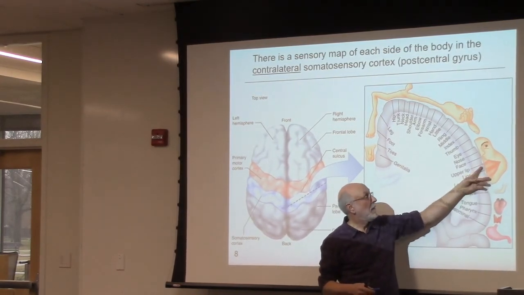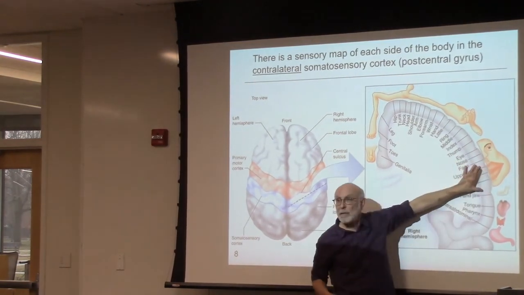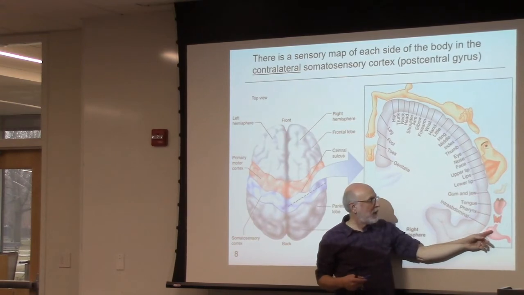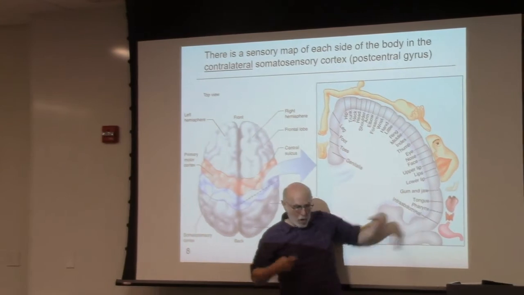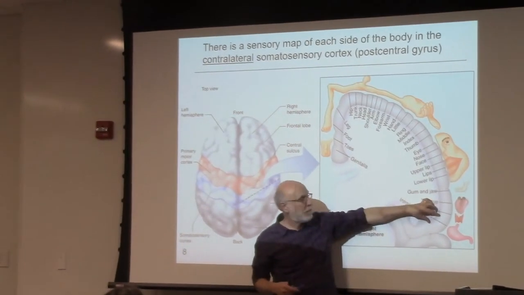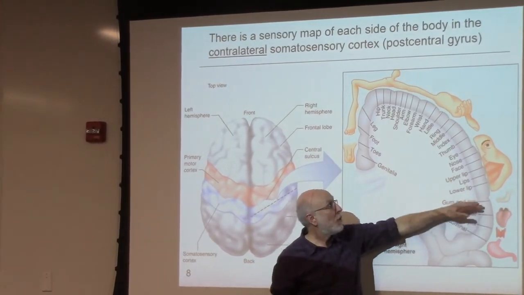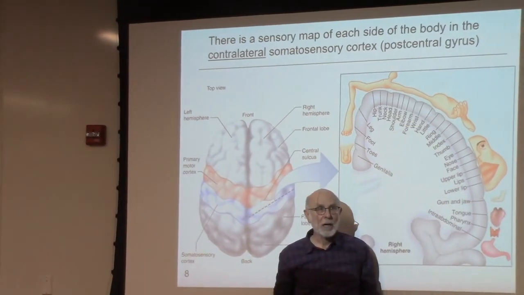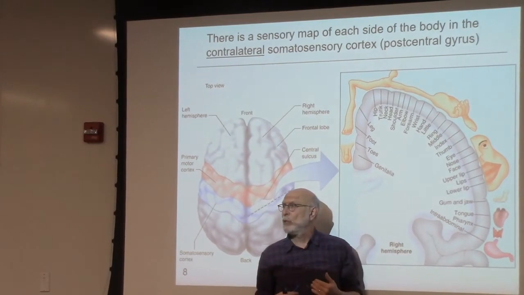You can see that we get a lot of information from our face, and that takes up a lot of neuronal real estate on the somatosensory cortex. We get relatively little information from our guts. Our whole digestive tract gives us some information, but it's mapped into a very small section of the somatosensory cortex. So our face and our hands get a huge chunk for processing, because those are the most important inputs to our somatosensory brain.